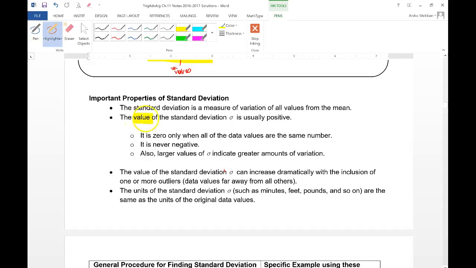So the value of the standard deviation is usually positive. It's never negative. Most often it's a decimal. When is it 0? When they're all the same number, they all equal the average, so there is no standard deviation.